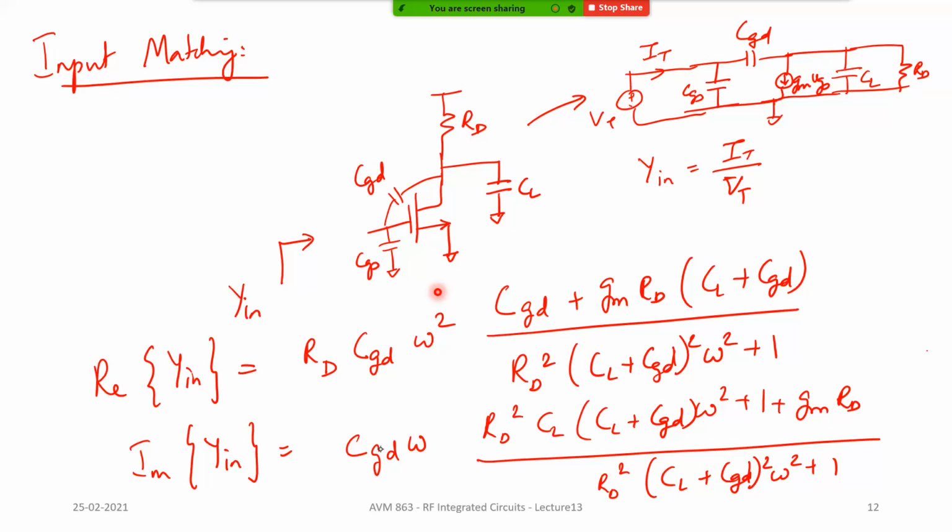Okay, and in the same way, of course, you have a certain imaginary part. You also see that the real part is now basically a function of the frequency. So as your frequency starts increasing, the real part starts becoming more and more significant. You start seeing a lower resistive part as you start going up in frequency.